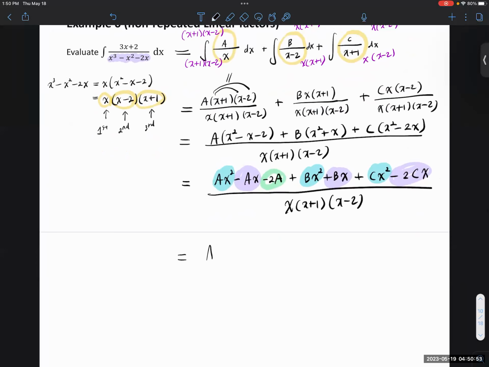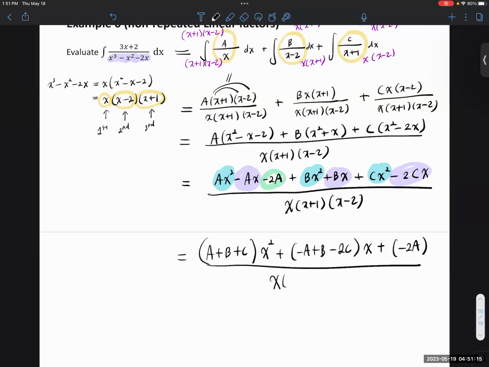So it is going to be a plus b plus c, x squared family, minus a plus b minus 2c, x family, and negative 2a, that's the constant family. So that is going to be over x times x plus 1, x minus 2.